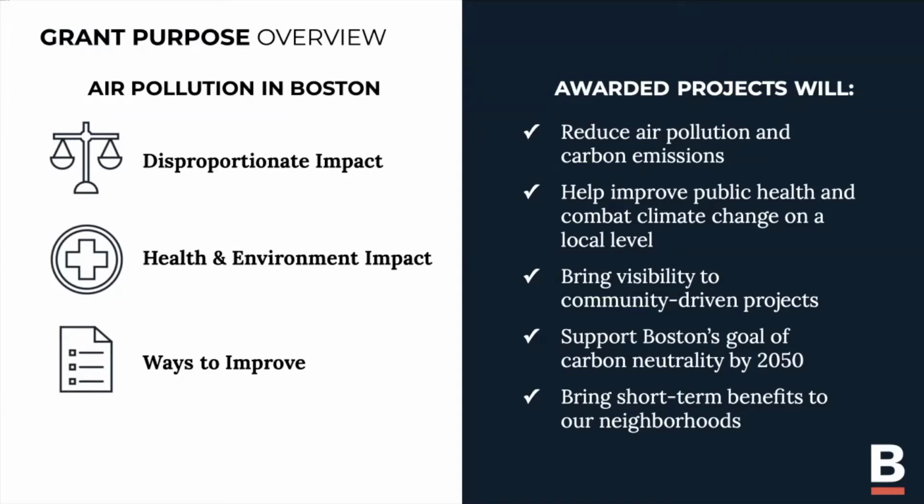So air pollution affects all of us, but it also affects some of our communities more than others. This can include communities that are located near highways or other major transportation infrastructure, and it also includes socially vulnerable populations. And these can include people of color, older residents, children, people with chronic illnesses, and so on.